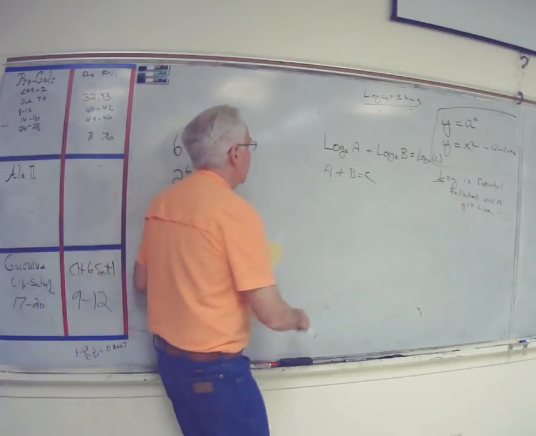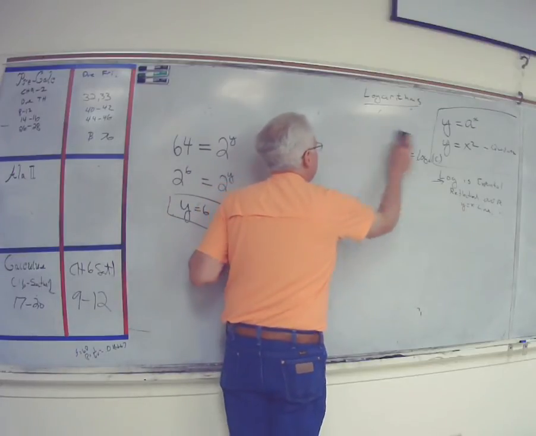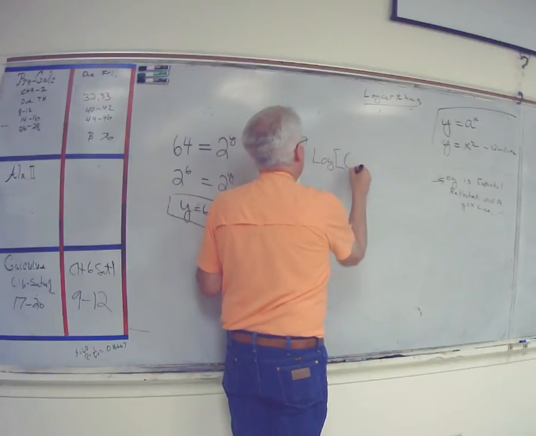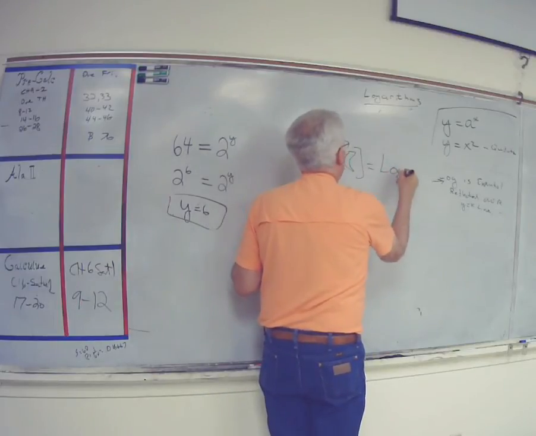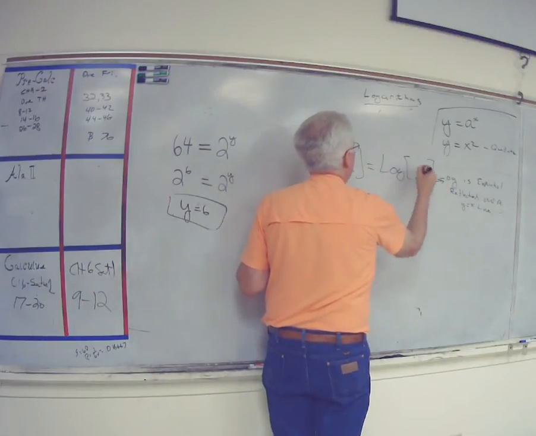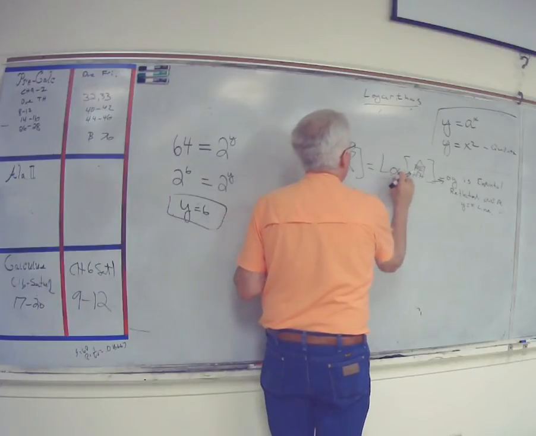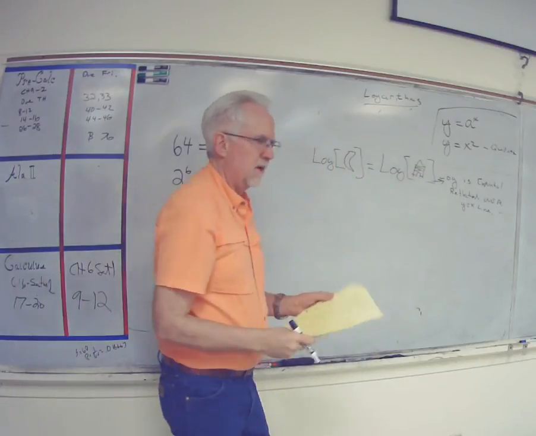That's what people do. The one thing you can do, based on what we know now, is if you have log of banana equal to log of log cabin, if it's log of something equals log of something, what can I do?